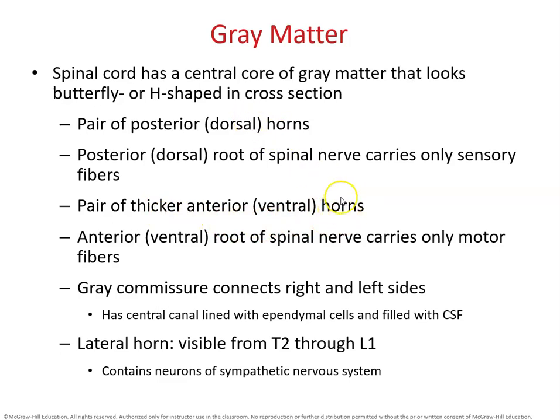Those are the things making up maybe the top and bottom wings of the butterfly, if you can visualize that. The center part we call the gray commissure, so maybe the body of the butterfly. That's what connects the left and the right sides.